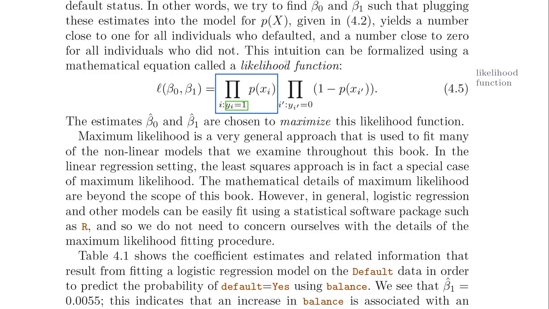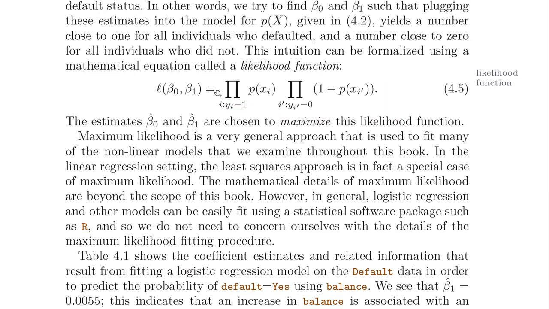you multiply each of these probabilities. In the data set, I think it's 333 of them, and the remaining 9,600, these are the probability of no default. Now, so what are we saying?